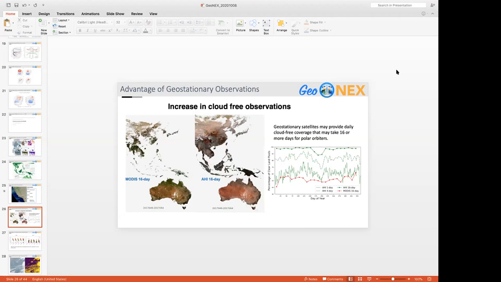Another way is temporal resolution, or time series information, which is kind of unique to geostationary data. If we can make good use of all of them, we should be able to do some good science. Let's hope for the best.